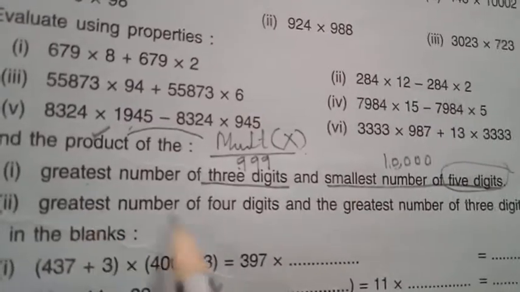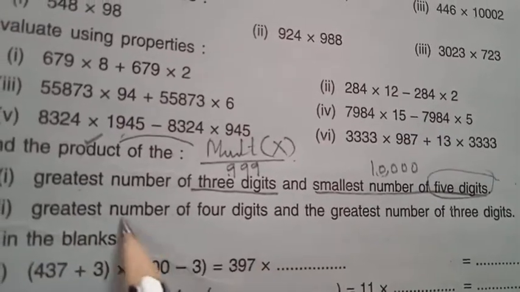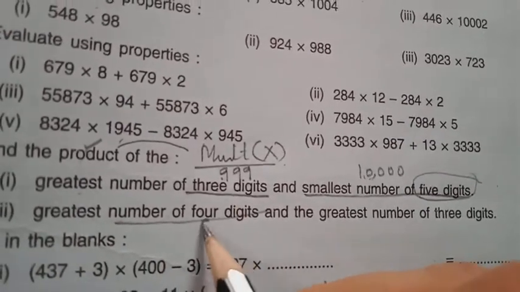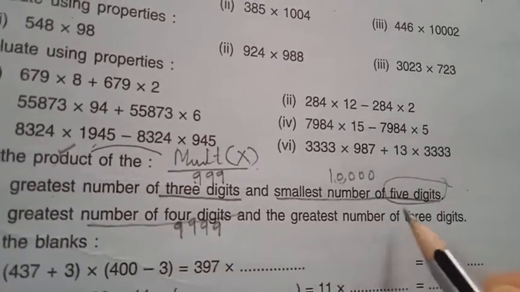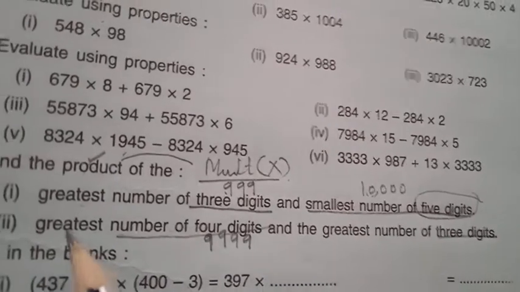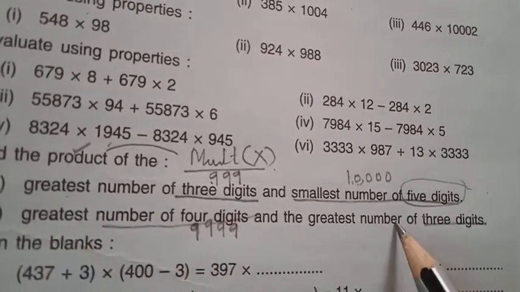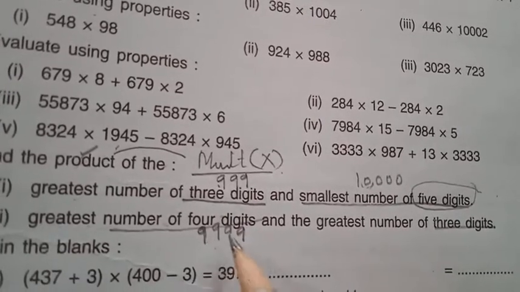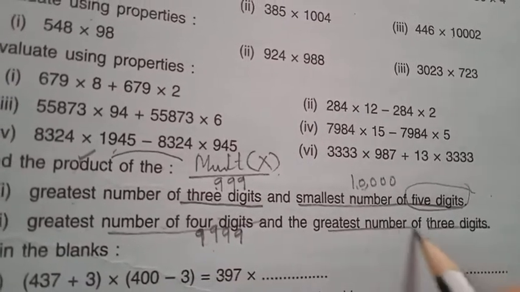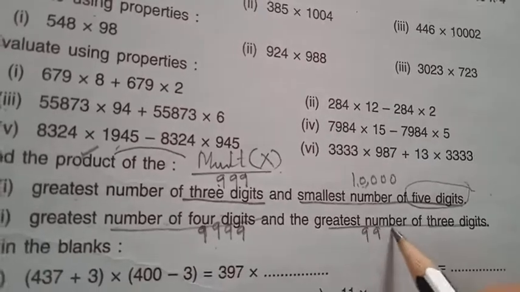See the next one, greatest number of 4 digits. Which is the greatest 4 digit number? 1, 2, 3, 4, right? And the greatest number of 3 digits? See, here also greatest, here also greatest, so don't get confused. The greatest number of 4 digits is 9999 and the greatest number of 3 digits is 999.